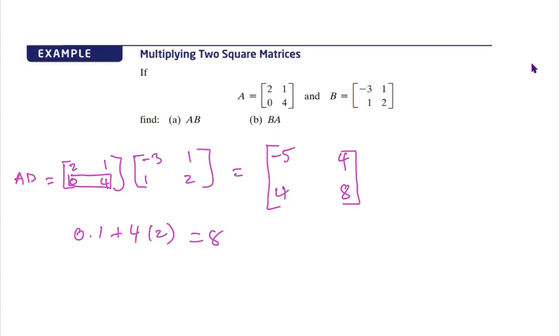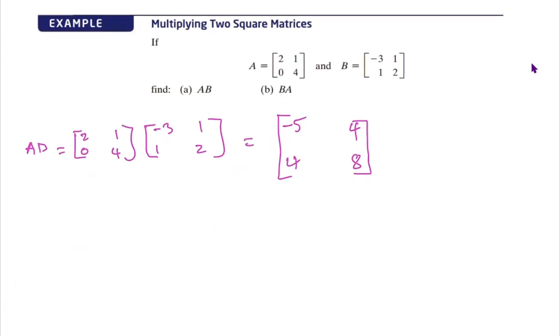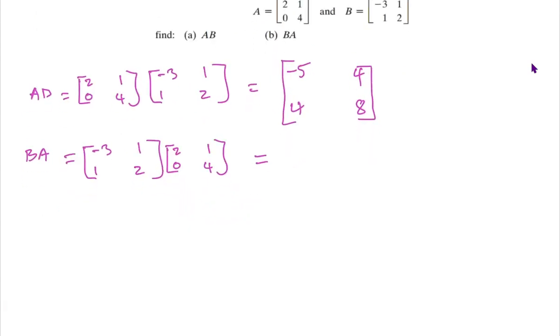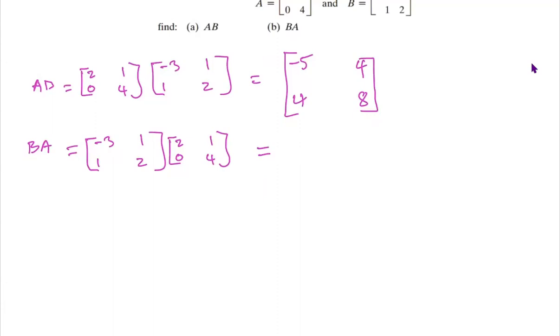Now let's work with BA. We have BA equal to, now we put the second matrix first, the B, and then the A comes after it. We do the same thing, except we use B first. We start with this row and distribute it over.